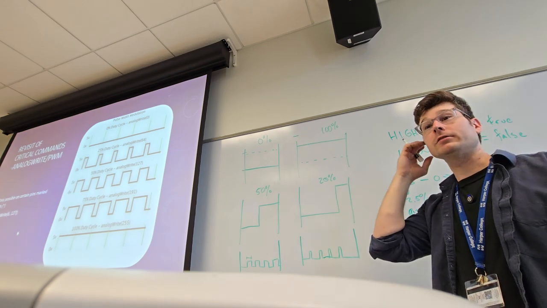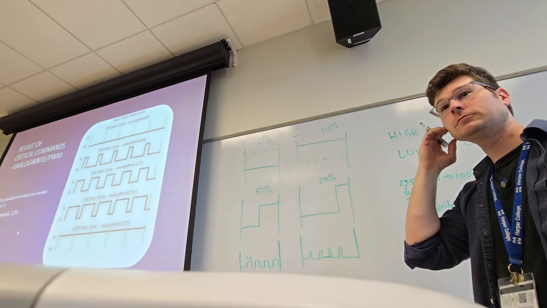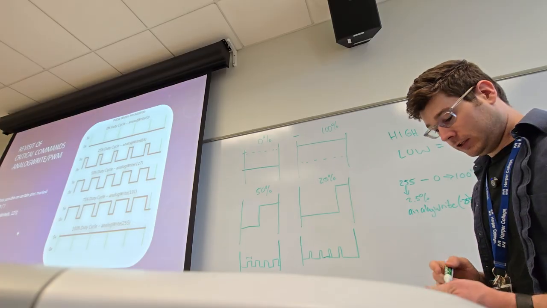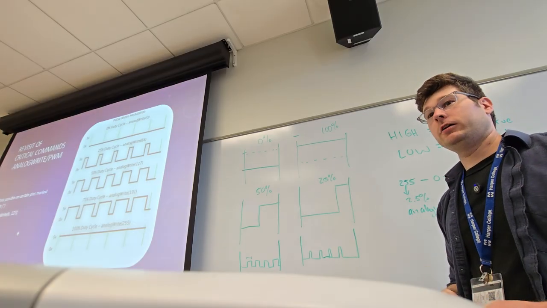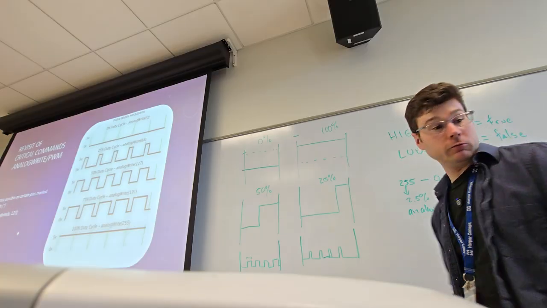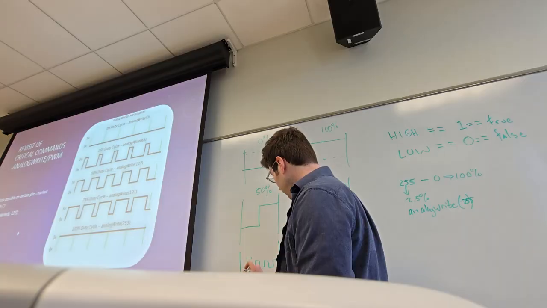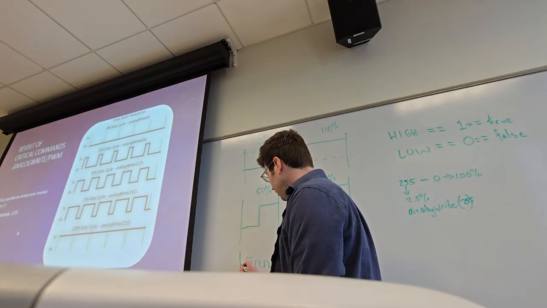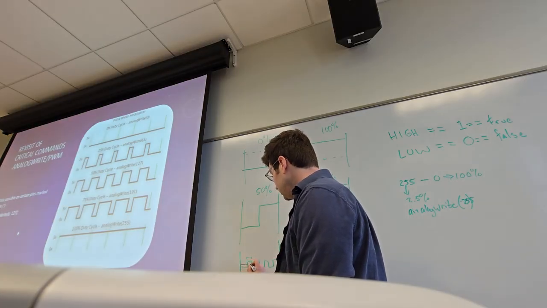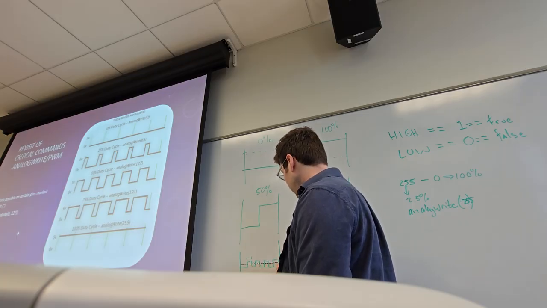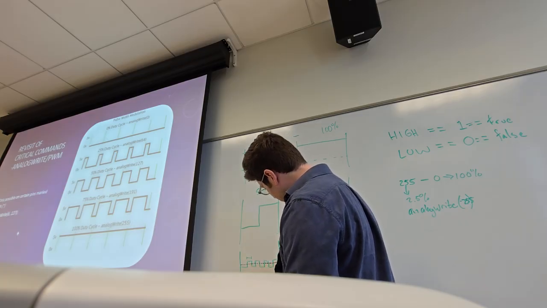Okay? Yes? What is the purpose of this? What would you use it for? The purpose of this is to emulate an analog signal. It's a really clever way: if we read the signal with a slower measuring device, or if we average the signal, the average voltage will be different.